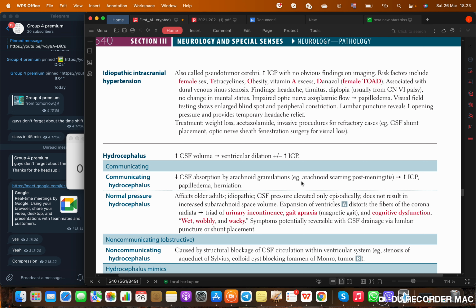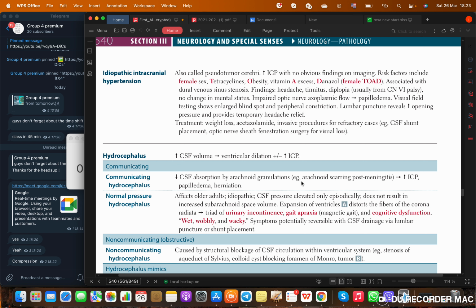The type of headache we speak about in case of tumor will be a debilitating headache that will wake you up from sleep. That's how bad it is. The headache will be so bad that it will wake you up from sleep in early morning, like 4 or 5 o'clock in the morning. It will be non-responsive to the NSAIDs. So wake you up early, non-responsive to the NSAIDs. That's tumor headache.